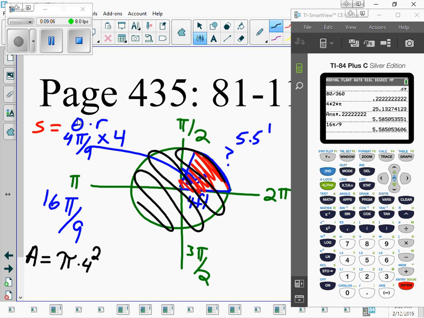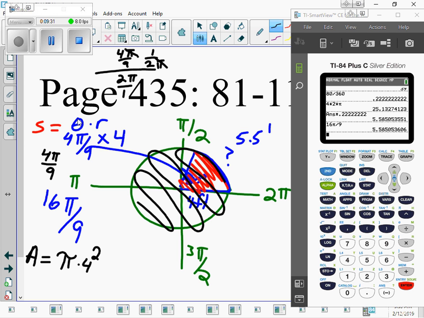Well, I'm using 4 pi over 9 out of 2 pi. So if I did 4 pi over 9 divided by 2 pi over 1, I invert and multiply times 1 over 2 pi.